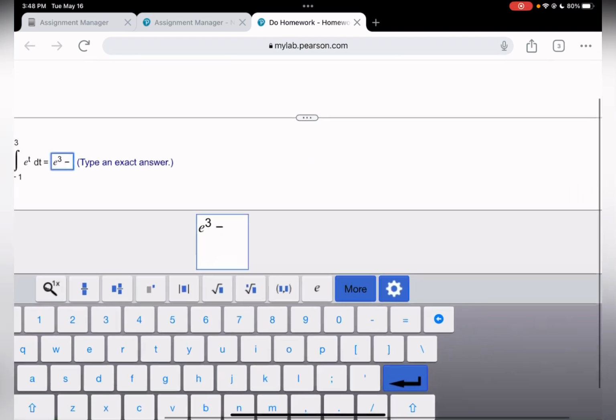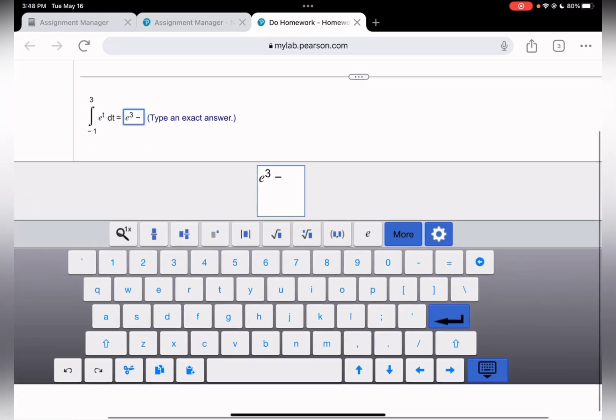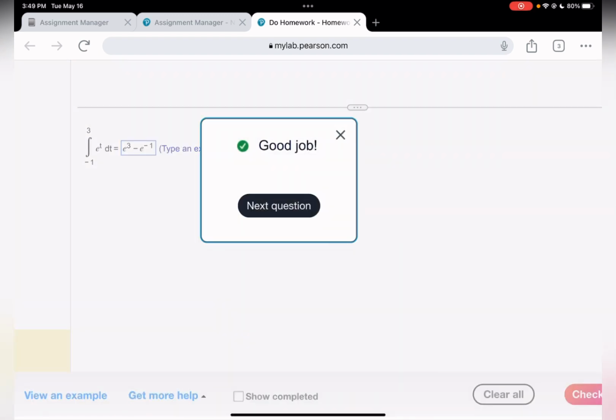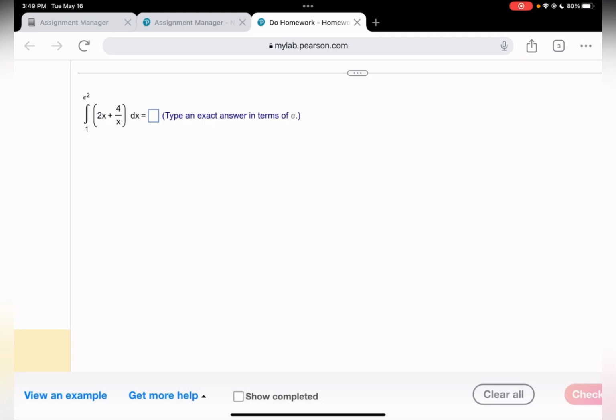Where is my e? One second, I'll find it. Here it is. The e to power -1. There we go. Did I put negative? No. -1. Good job.